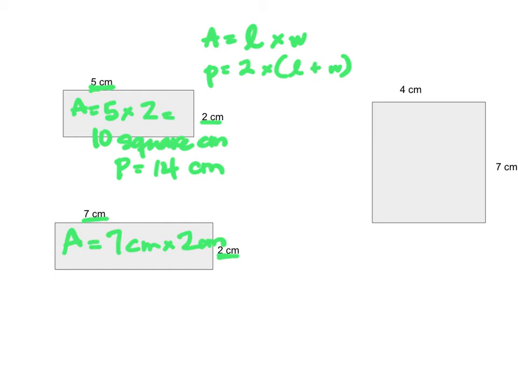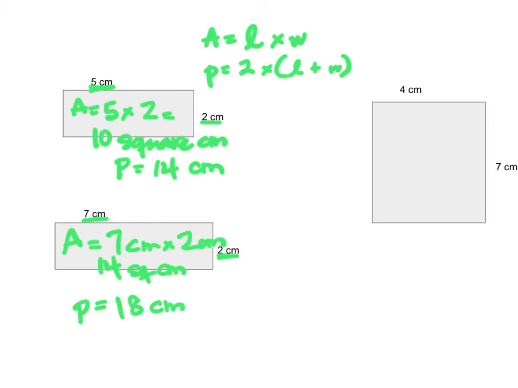And 7 times 2 is 14 square centimeters. For the perimeter, we would look at the length plus the width. 7 centimeters plus 2 centimeters is 9 centimeters, and 2 times that is equal to 18 centimeters.